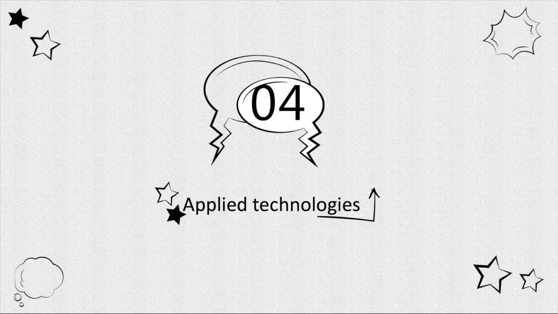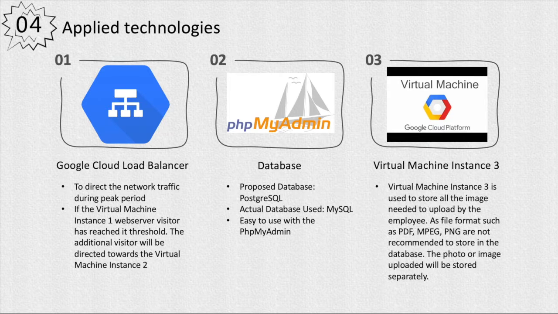I will be going through the system architecture of our web portal. The whole system architecture is divided into 3 parts: the VM instance, the database instance, and the cloud load balancer. The main purpose of the cloud load balancer is to direct the network traffic during the peak period. Let's say during peak hour there are 10,000 users logging into the web portal, so they will all log into virtual machine instance 1.